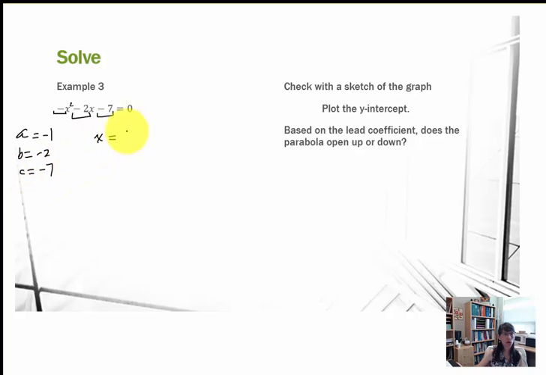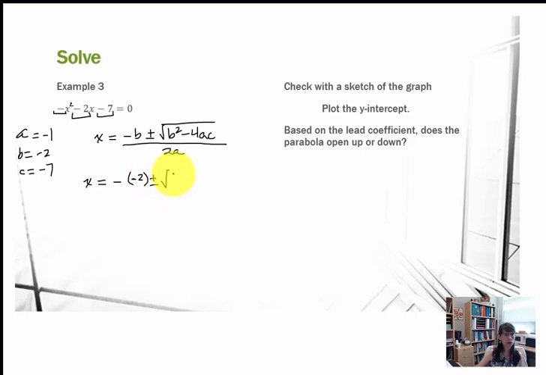With our quadratic formula, x equals minus b plus or minus the square root of b squared minus 4ac, and we'll divide by 2a. Making the substitutions, x is equal to negative times the b value. B, remember, is negative, so that negative needs to be included in the quantity.